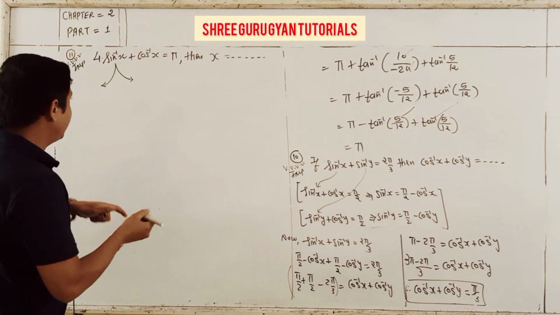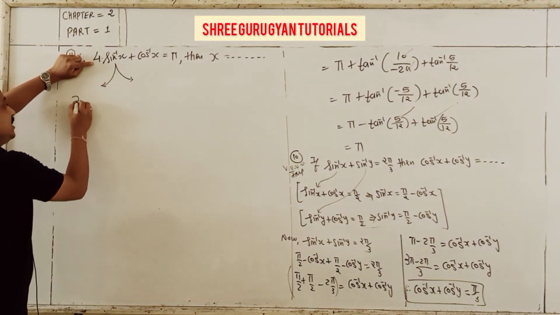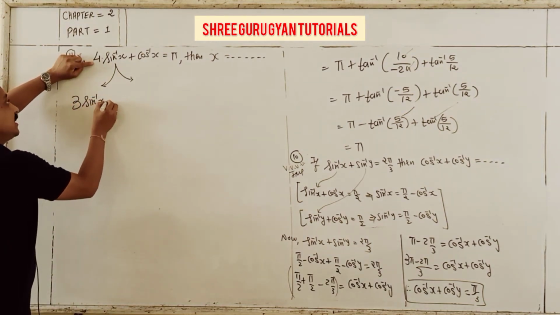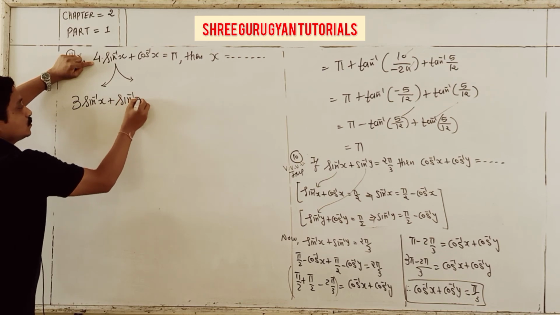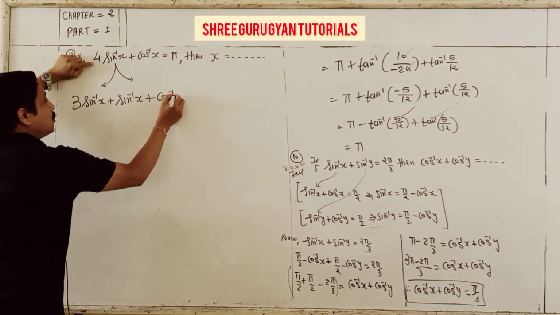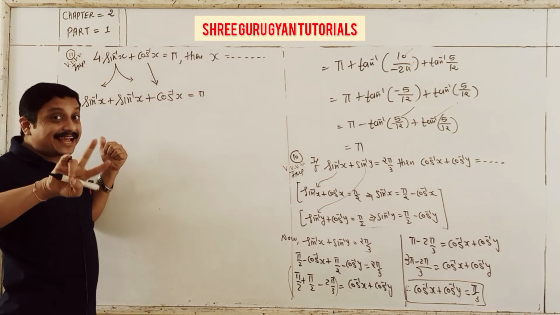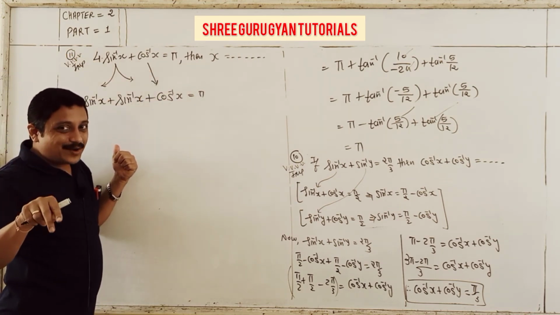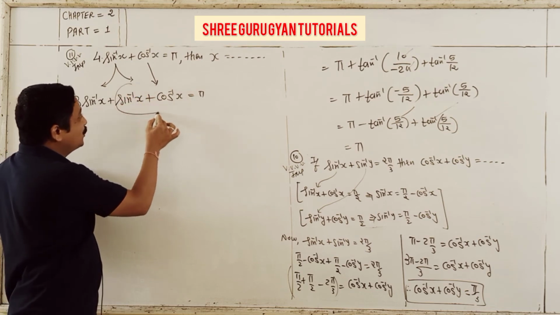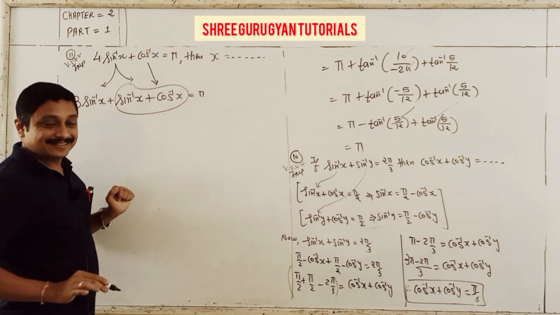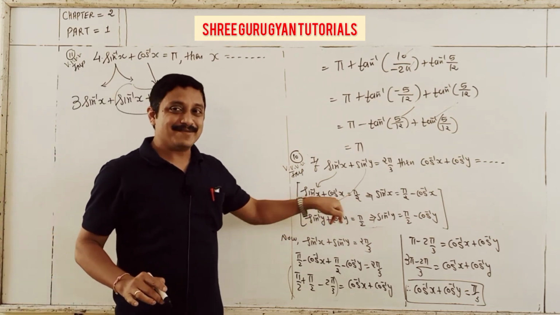Here I split them into two different parts and apply our property. So I write 3 times sin inverse x plus 1 times sin inverse x, plus cos inverse x as it is. Why do I put 3 times and 1 time? Because I know that sin inverse x plus cos inverse x is pi by 2.